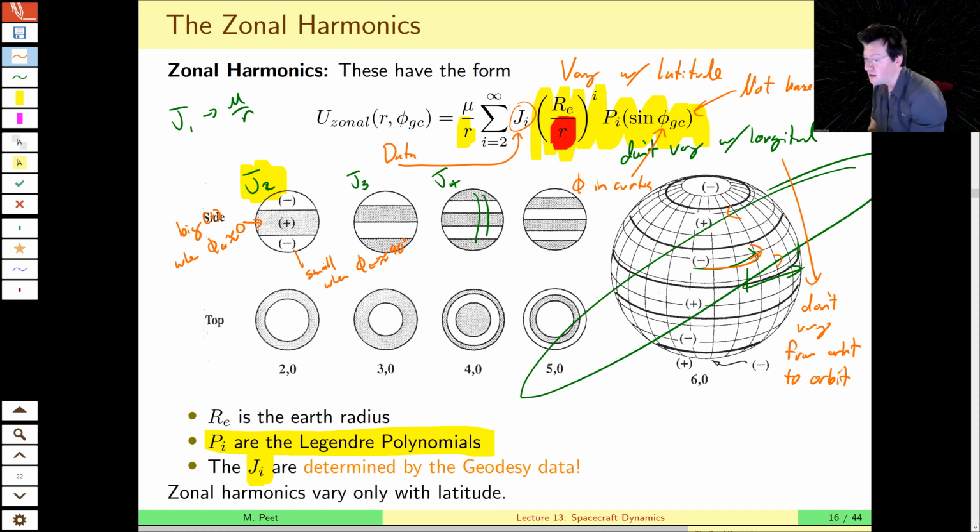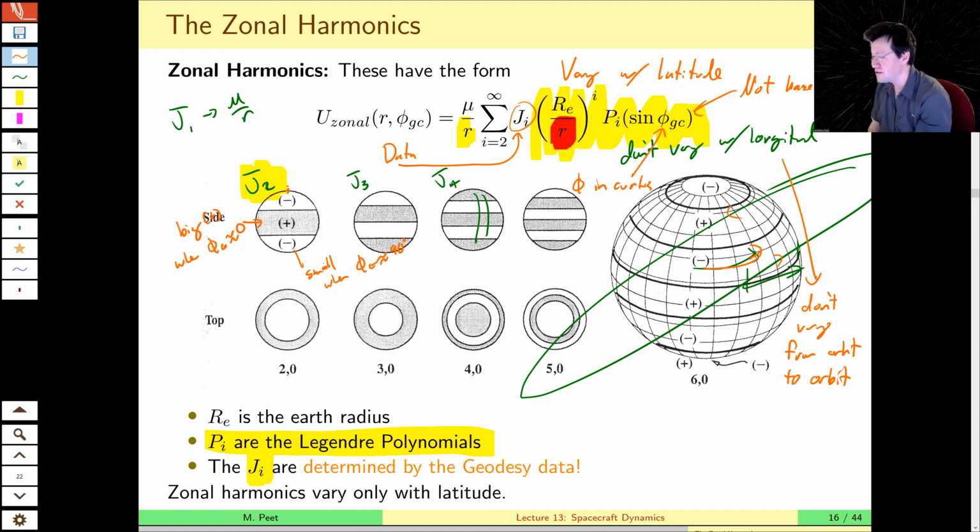Which is a bit misleading because you look at this and see sine phi of GC, which would be 0 here and maximum at the poles.